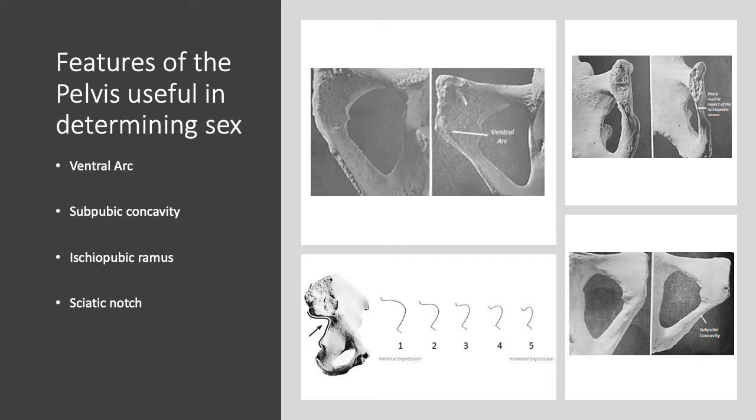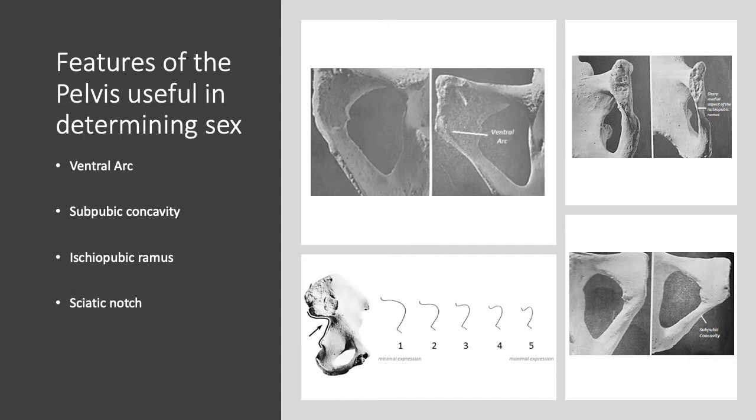You also have a subpubic concavity on the underside of that bone, as well as an ischiopubic ramus, that part of the bone that sticks up from the ischium and moves in the direction of that pubic symphysis at the midline in the anterior or front portion of the pubis. And there's features there that are distinctive as well. And perhaps most notably, you have the sciatic notch.